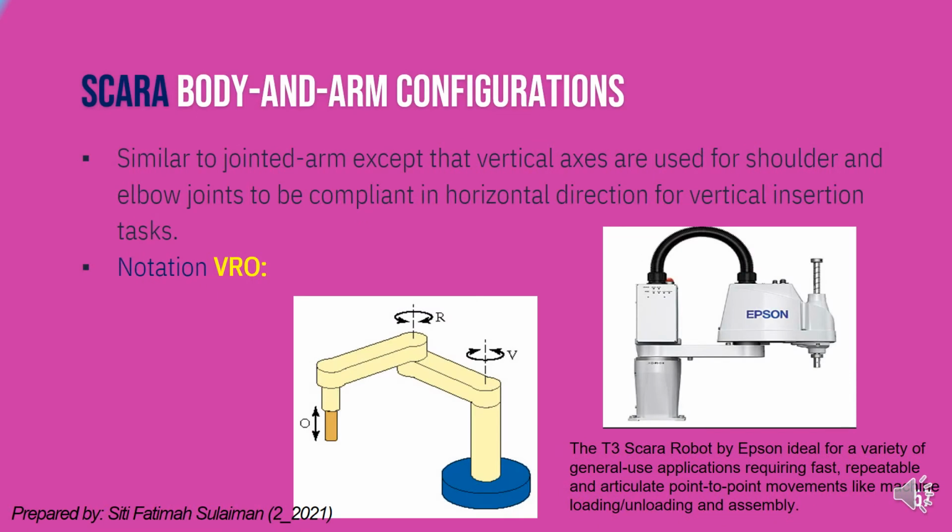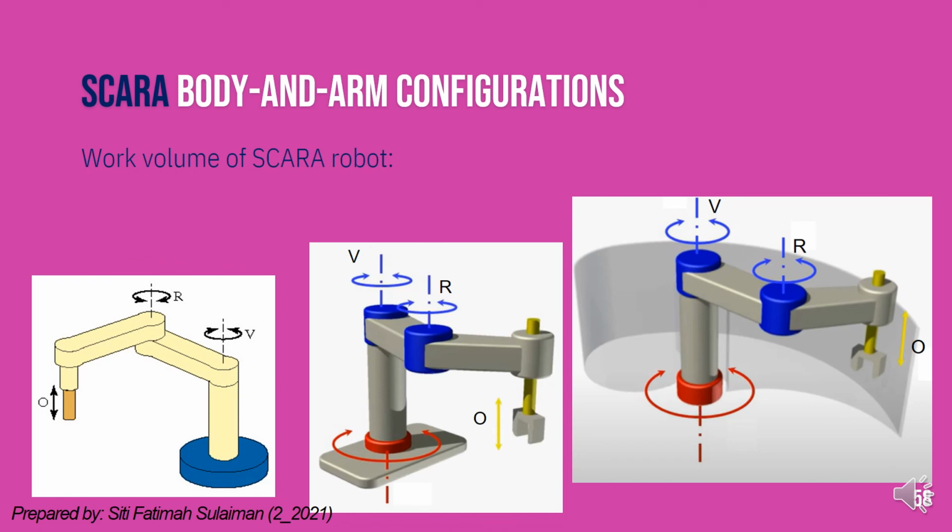And lastly, we have SCARA, or selective compliant assembly robot arm. The SCARA robot is said to be similar to the jointed arm, except that vertical axes are used for the shoulder and elbow joints to be compliant in the horizontal direction for vertical insertion tasks. SCARA involves type V, type R, and type O joints. So, starting from the base, V, R, and O joints.